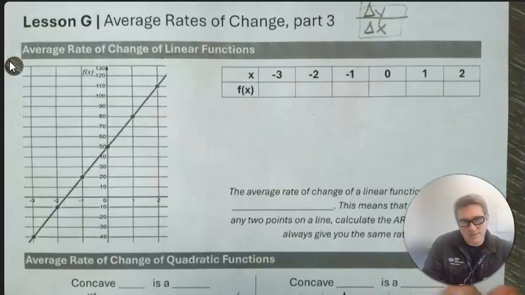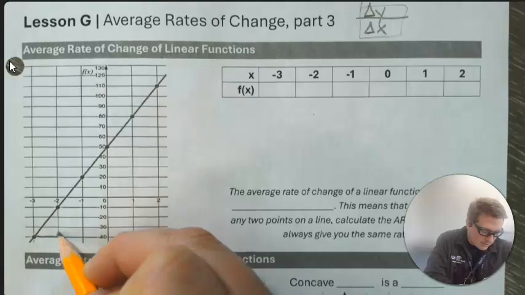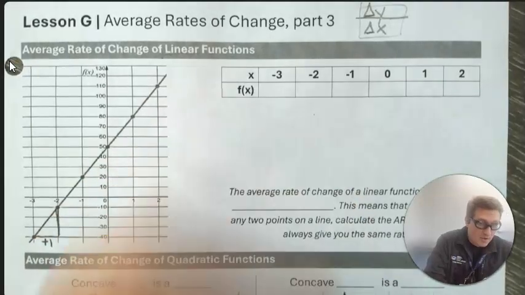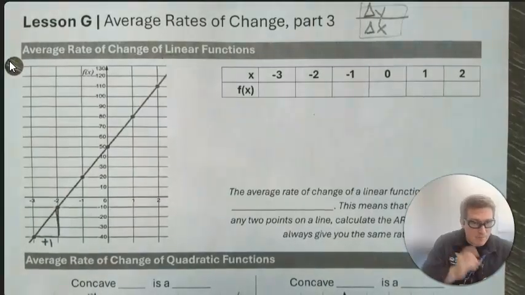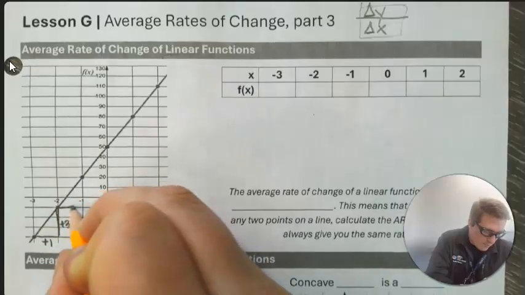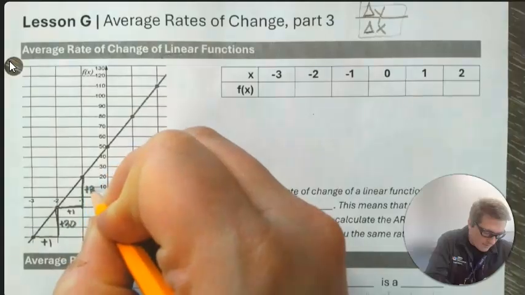It's called linear because it's a line. It's because it's straight. Now, if I were to calculate the average rate of change here, it moves forward by 1, and it's going up not by 3, but by 30. It's adding 30. And then if I move forward here by 1, it goes up by 30 over here as well.